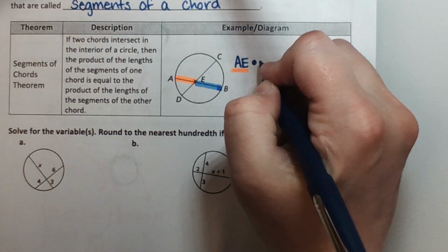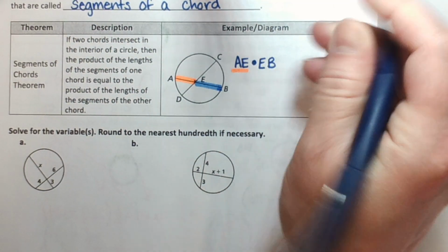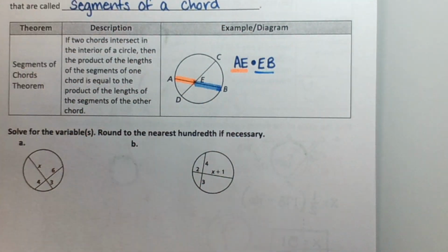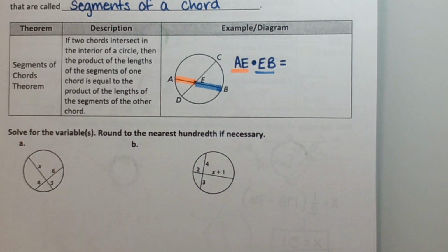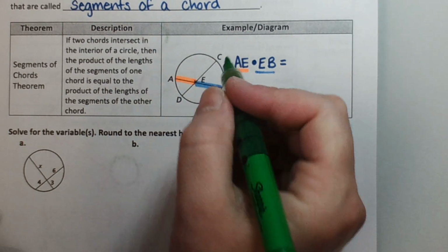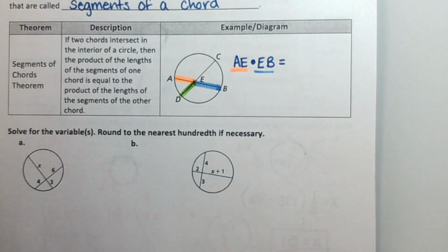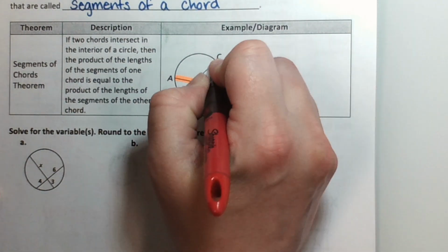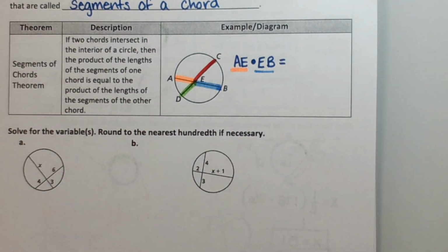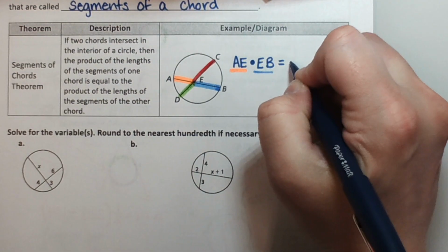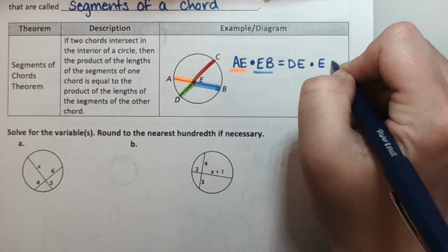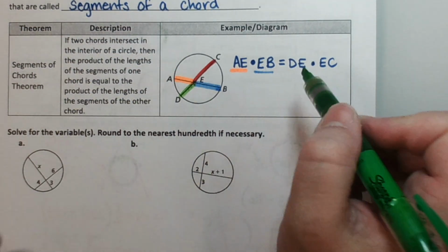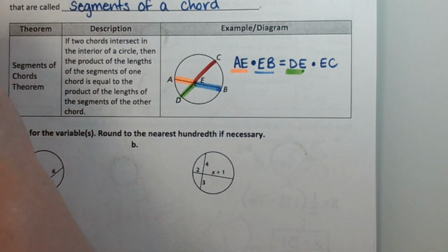AE gets multiplied by EB. And when you do that, you should get the exact same thing. It should be equal to, if you multiply, what's this one called? DE. By, what's this one called? EC. It is easy. It's just making sure you're not mixing things up.